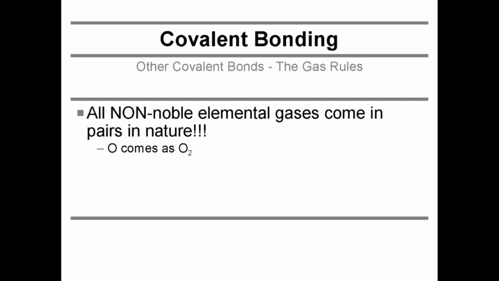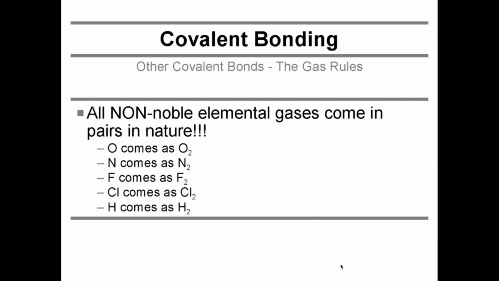Oxygen actually exists as O2 in the atmosphere, not as single O. Nitrogen exists as N2 in the atmosphere, not as a single N. Fluorine, for example, would be F2. Chlorine gas would be Cl2. So this is how they actually would appear in nature, as what we call a pair of these gases. H would come as an H2, for example.